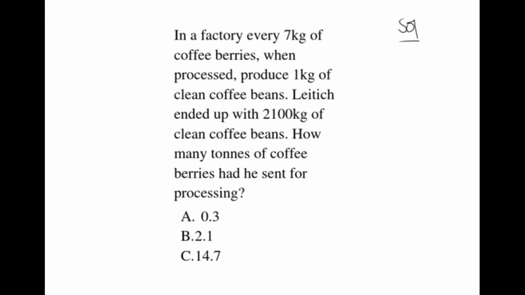We are told that every 7 kg of coffee berries, when processed, produce 1 kg of clean coffee beans. Therefore, 7 kg will produce 1 kg of clean coffee beans.